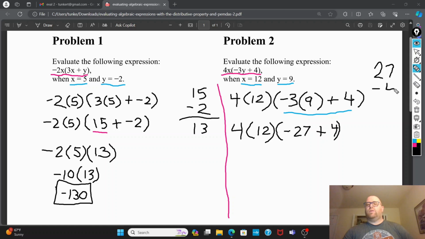We're going to subtract 4. 7 minus 4 is 3. Bring down the 2. So the difference is 23, but since the number further away from 0, negative 27, is negative, we're going to make this a negative 23. So we're going to write this as 4 times 12 times negative 23.